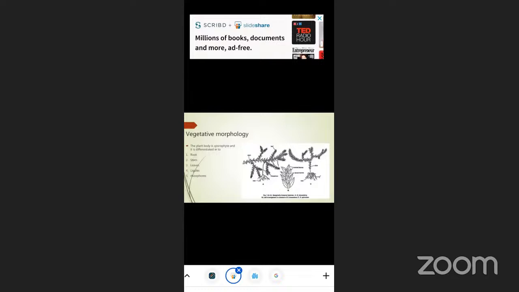In Stachygynandrum, the leaves are different and called heterophyllous. In Stachygynandrum species, the leaves are of different types, so that is the heterophyllous condition. And in Euselaginella, only one type of leaf is there.